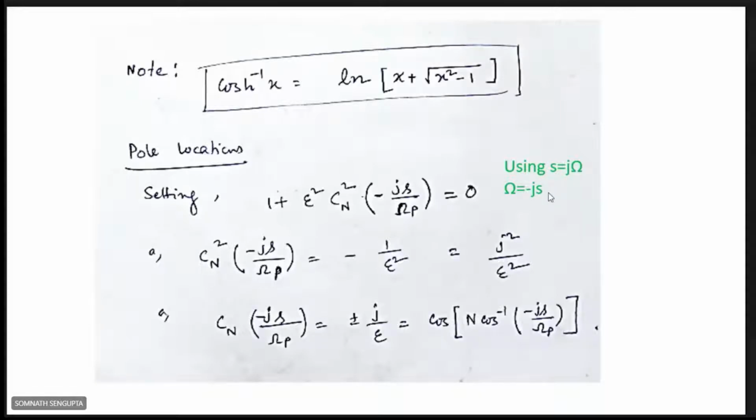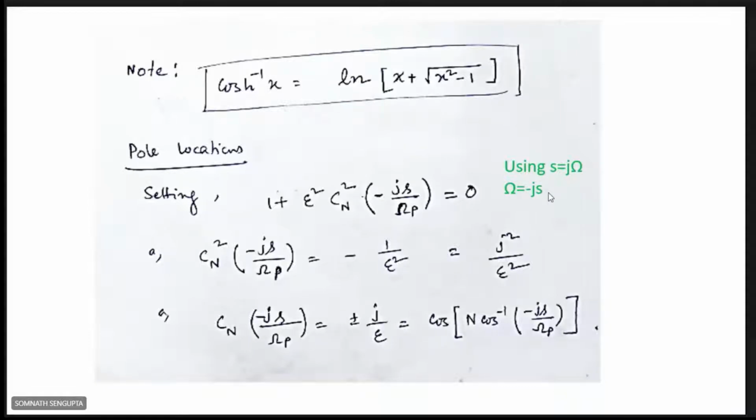Multiplying numerator and denominator by j, we get j square divided by j, so minus js.